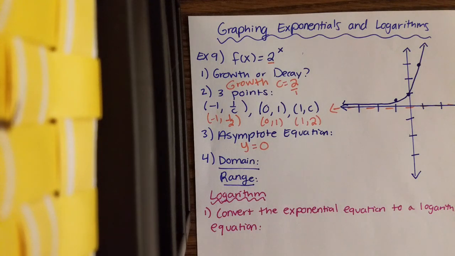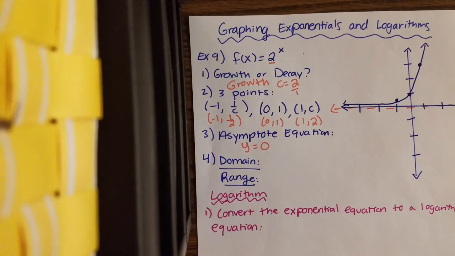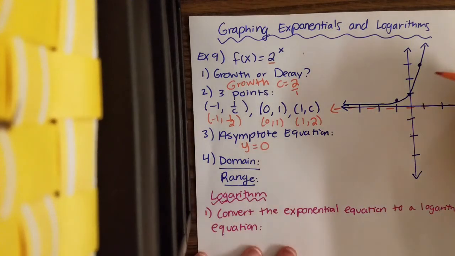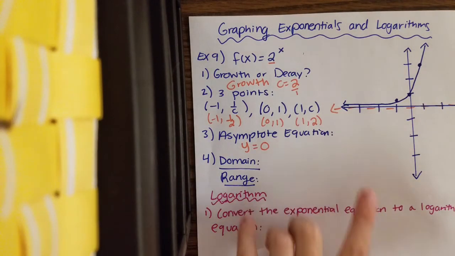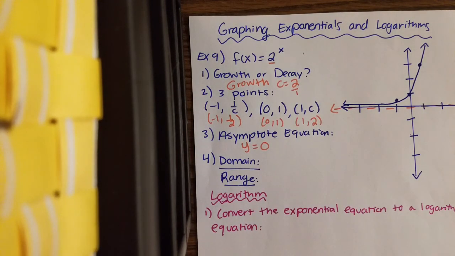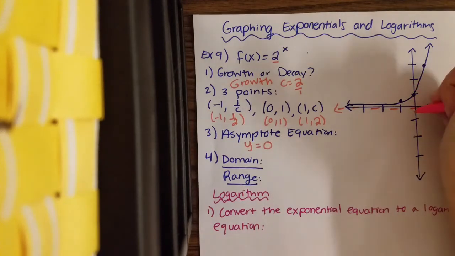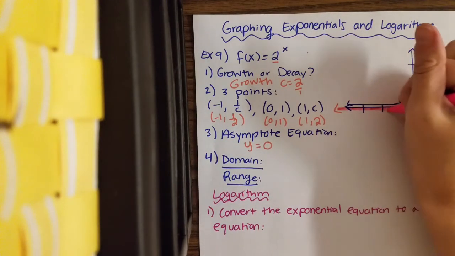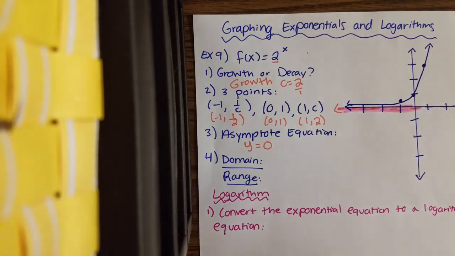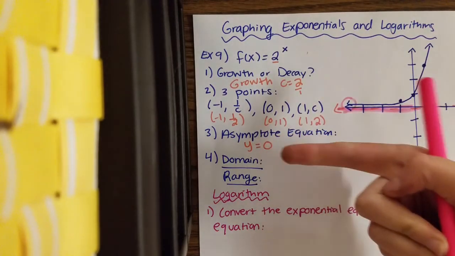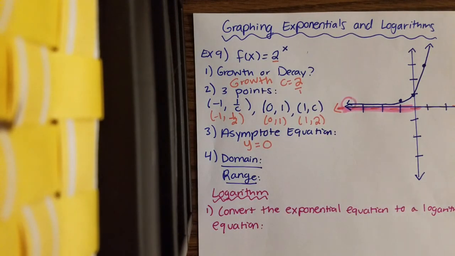All right, and then our domain and range. Okay, so let's start with our interval notation. So domain, that's when you ask yourself how far left does the graph go and how far right does the graph go. So first, how far left does the graph go? If you see here, this arrow means it's headed off to -infinity, forever.